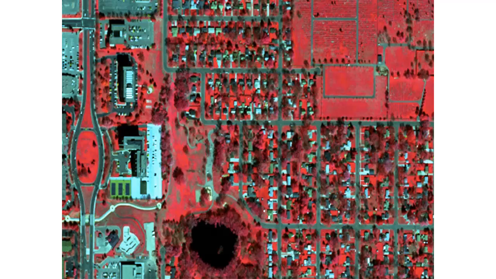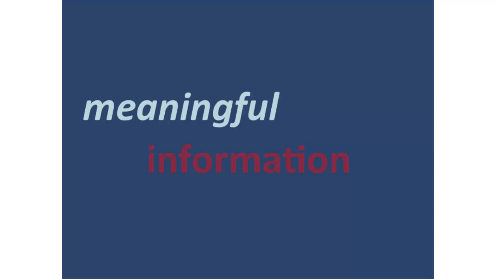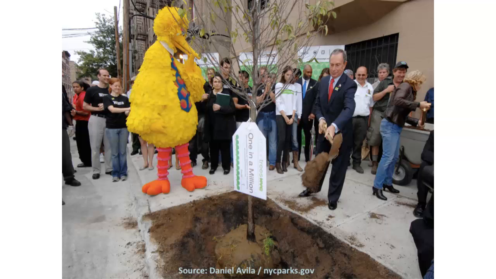But ultimately, what we want to do with things like satellite imagery is generate meaningful information. And that's what I really want to emphasize today, is how we can take all of these different geospatial data resources and create meaningful information or maps and quantify what we see in those images. And oftentimes, the reason we need this meaningful information is that we need to make decisions.